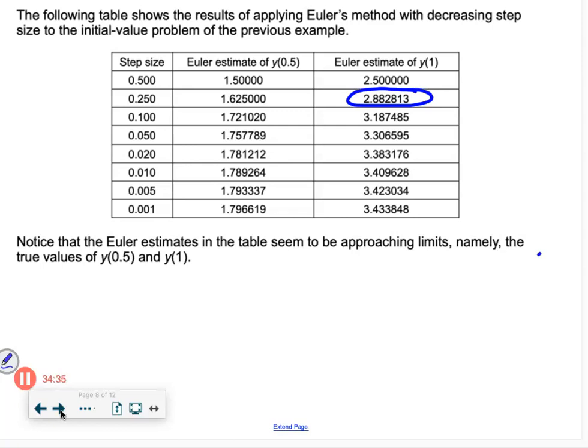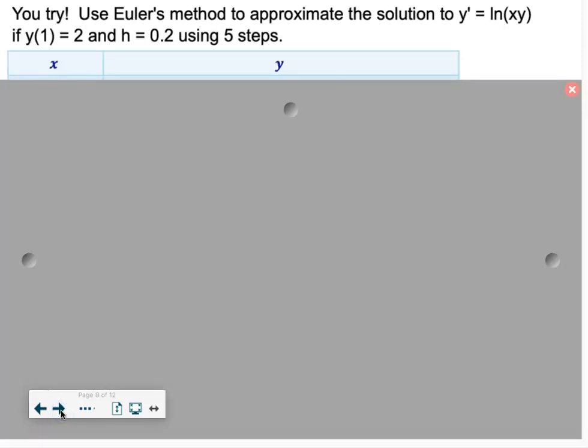If I asked you for a really good approximation of the solution at x equals 1, it would be 3.43. You could do a step size of 0.0001 if you wanted to, but then you're doing 1,000 iterations of Euler, and you would probably want to use a program to do it.